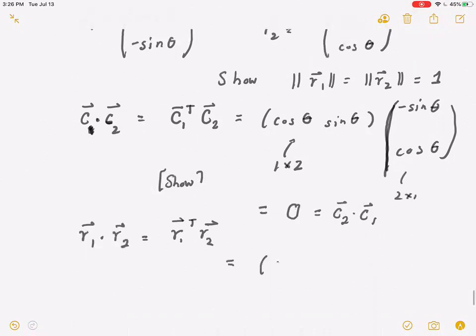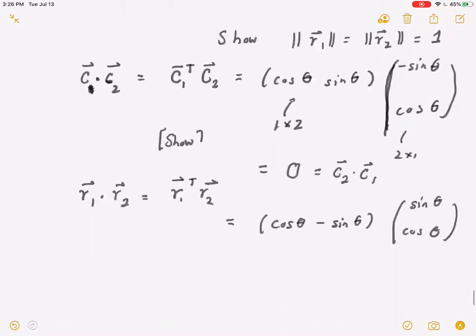This is going to be the cosine of theta minus sine theta times sine of theta cosine theta. These matrices are compatible, and this again is 0. This is a 1 by 2 matrix. This is a 2 by 1 matrix.